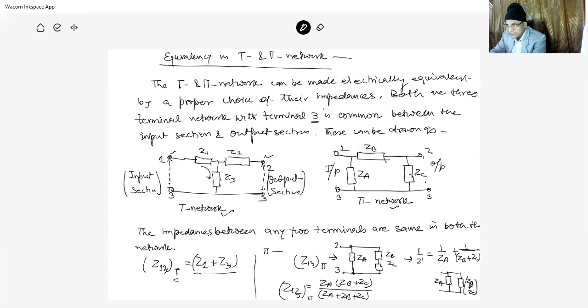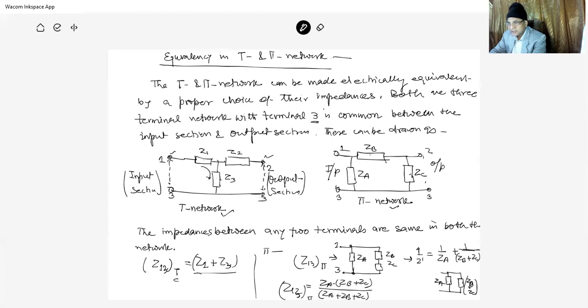So what is the equivalent circuit? 1 by Z dash is equal to 1 by ZA in parallel with the series combination of ZB plus ZC. So finally we got the value Z13 is ZA into ZB plus ZC, over ZA plus ZB plus ZC.